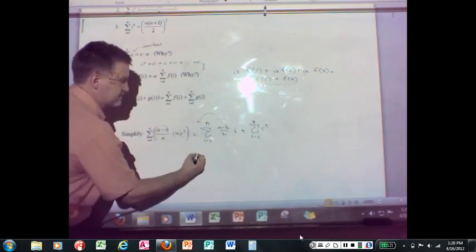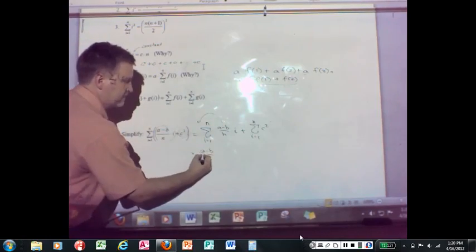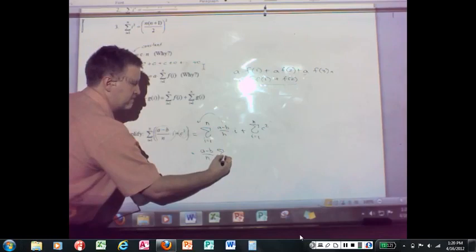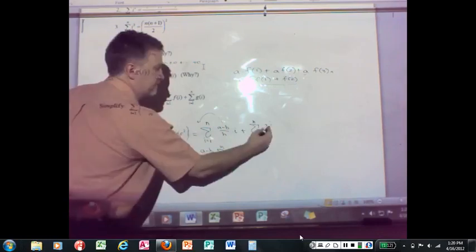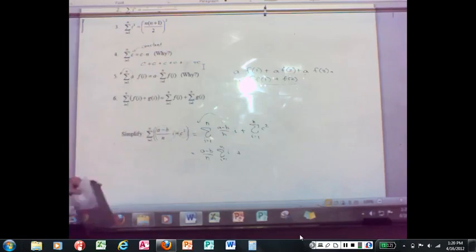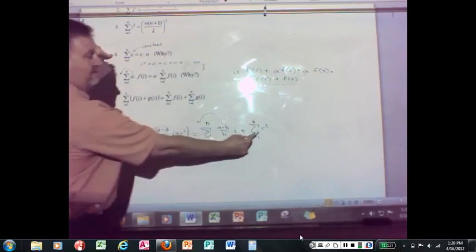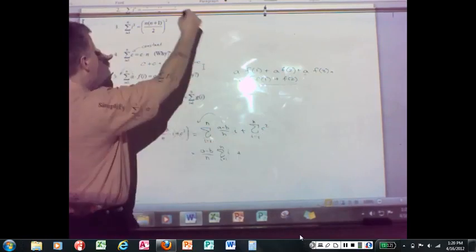So this is a minus b over n times the sum i equals 1 to n of i's. Now, do you notice what I can do on that? No? This is c squared. If it was i squared, I'd use property number 2.